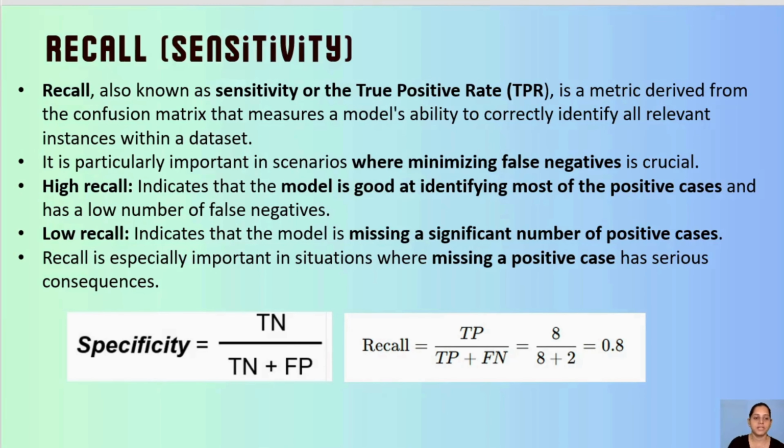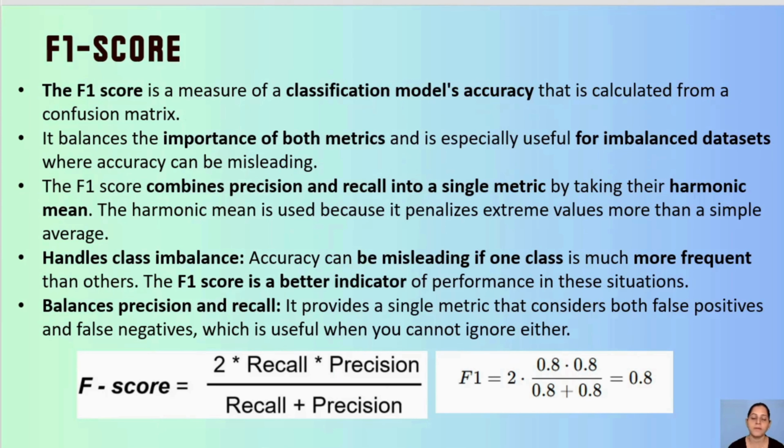So that's your recall. Then we have the F1 score. It's a formulation combining recall and precision, and it is very helpful in the case of an imbalanced data set where accuracy is going to mislead. It combines both precision and recall into one metric.